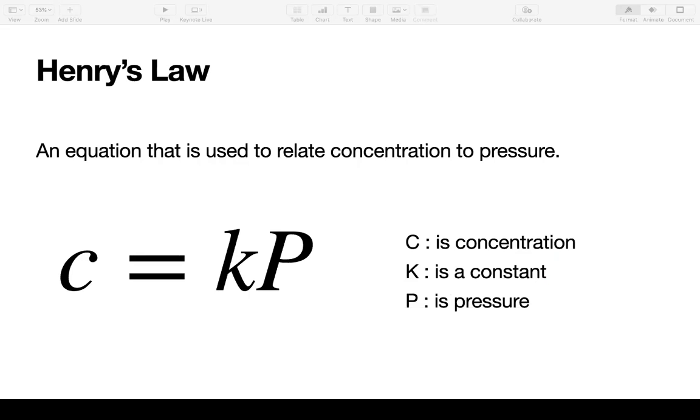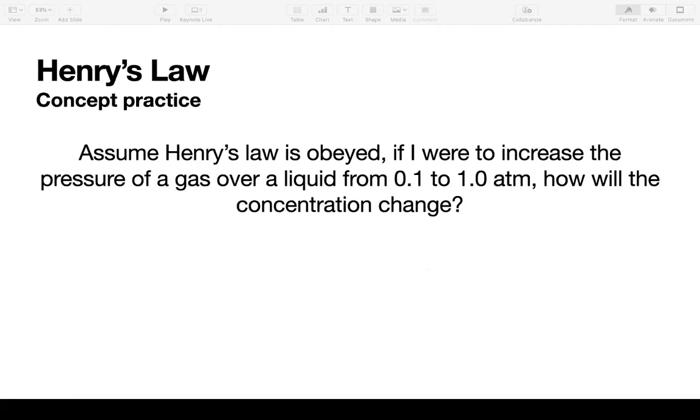Let's take our knowledge of algebra and break it down a little bit. If we assume that Henry's law is obeyed, if I were to increase the pressure of a gas over a liquid from 0.1 to 1.0 atmospheres, how will the concentration change? Let me rewrite the equation here. What do you guys think?